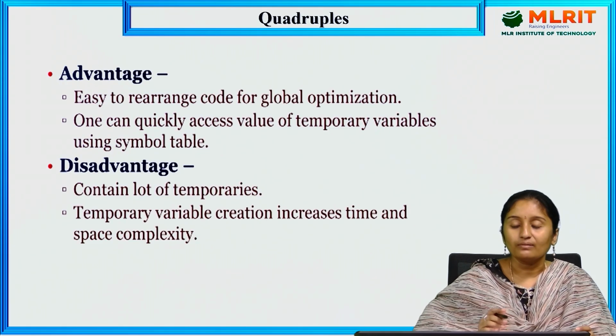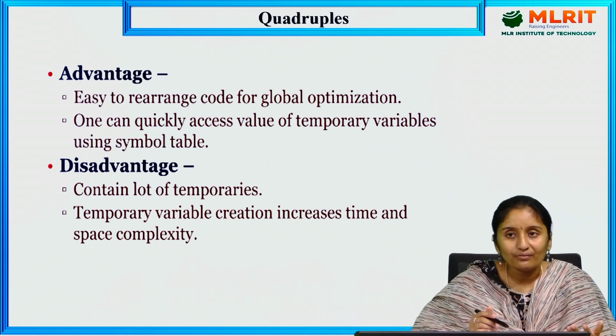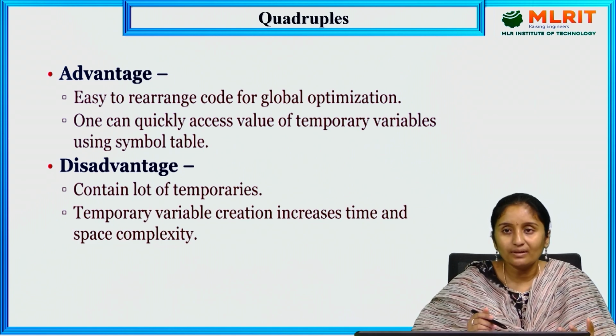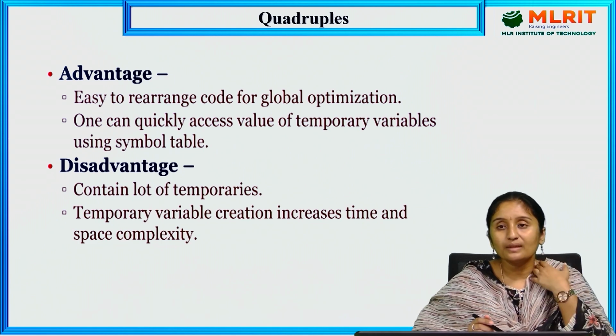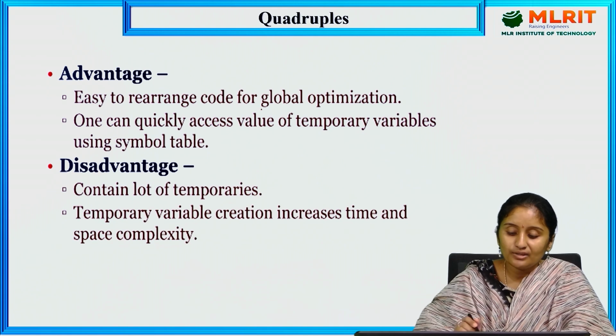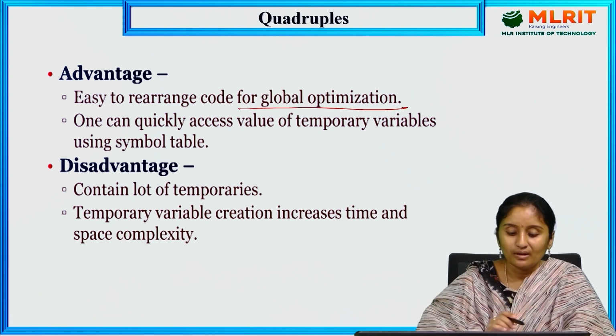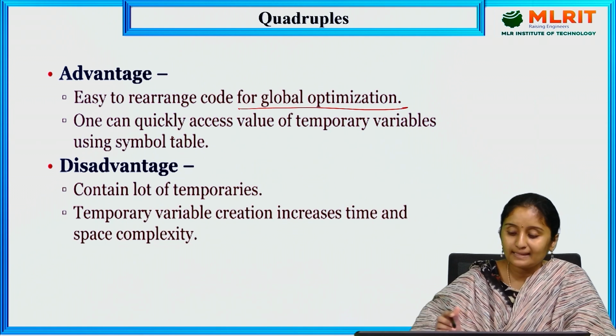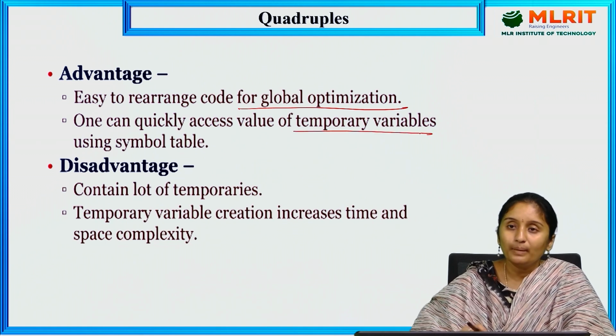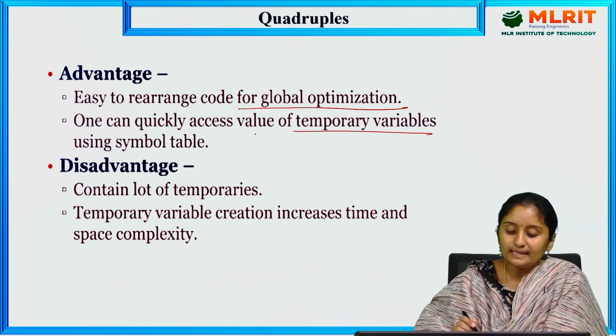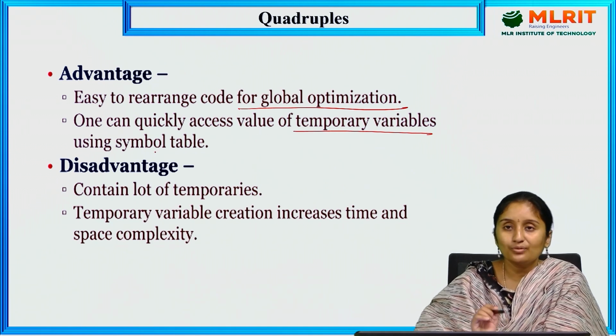So, the next one is quadruples. What are the advantages of quadruples and what are the disadvantages? By using these quadruples, it is easy to rearrange the code for global optimization. We can rearrange the code very easily. Here we can easily access the temporary variables using the symbol table.